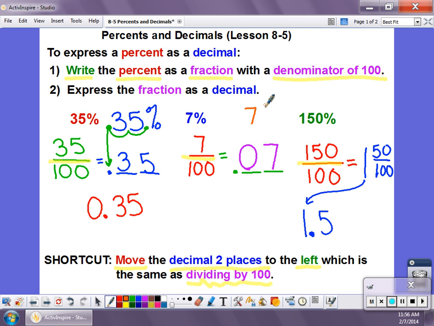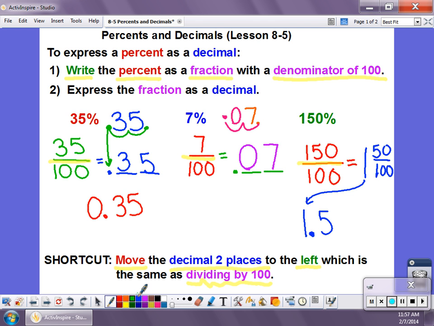Okay, let's try 7%. My decimal point starts here, but if I'm going to move it 2 places to the left, 1, 2, it'll end up here, and because there's an empty space, I fill it with a 0, and you can see what we got is the same thing. Now, once we change it to a decimal, we get rid of that percent sign. Let me show you the last one, the 150%.